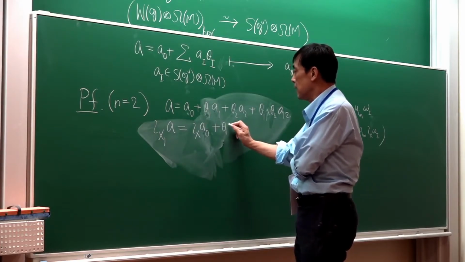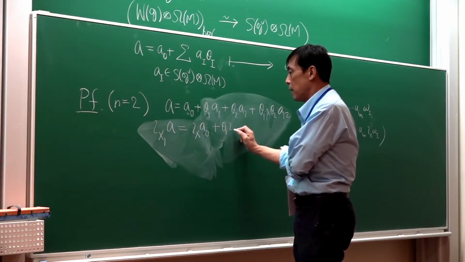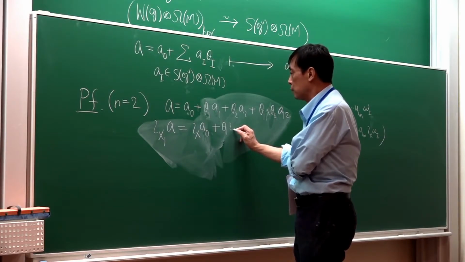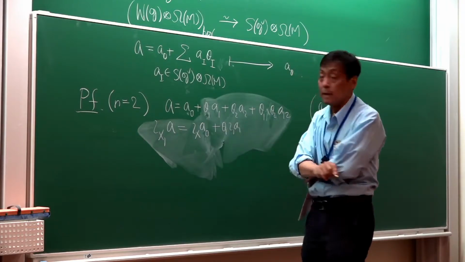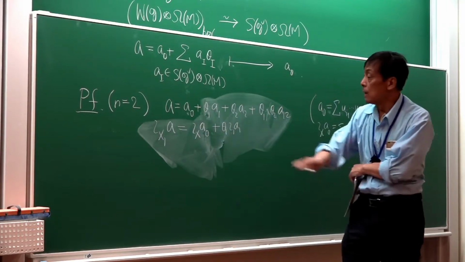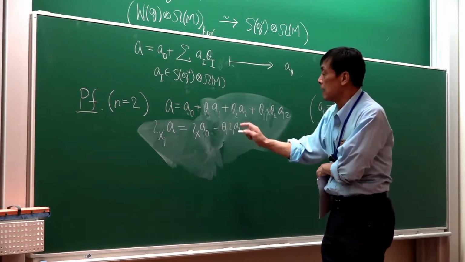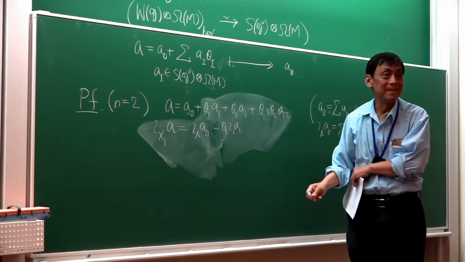theta 1, Ix1 A1. So I will write that as I1 A1, with the minus sign, because it's an anti-derivation.